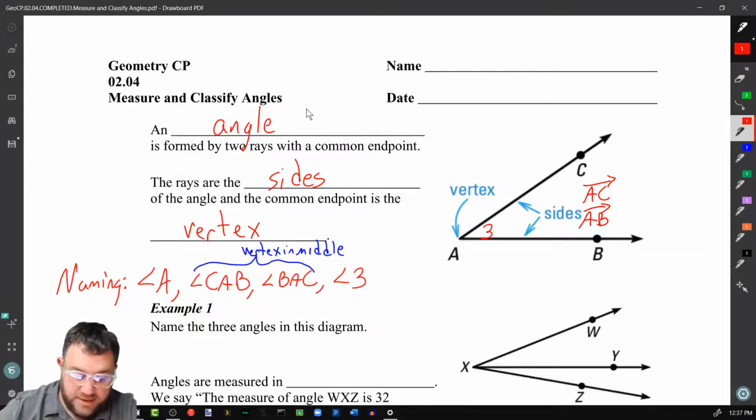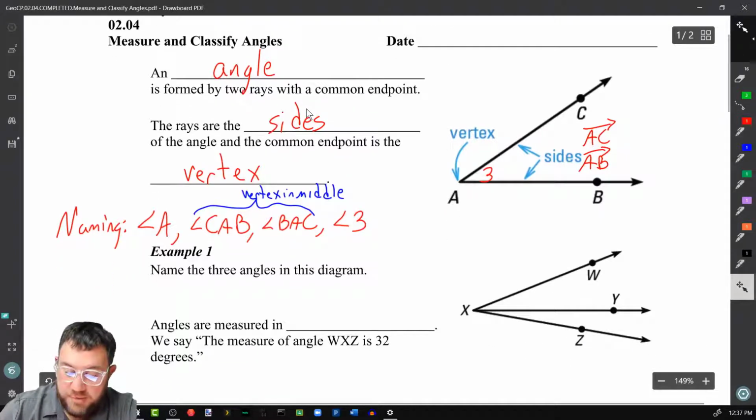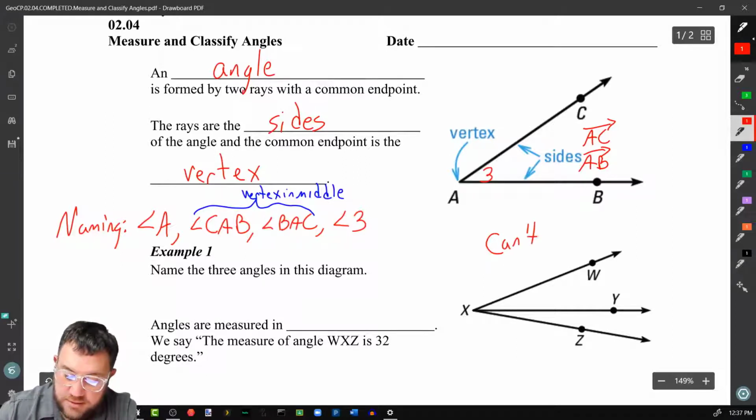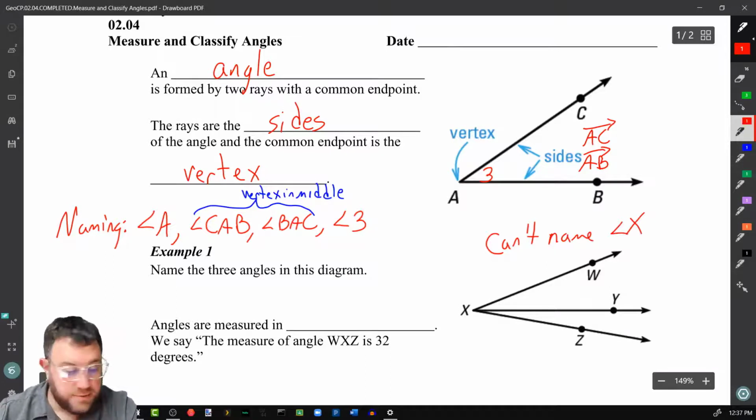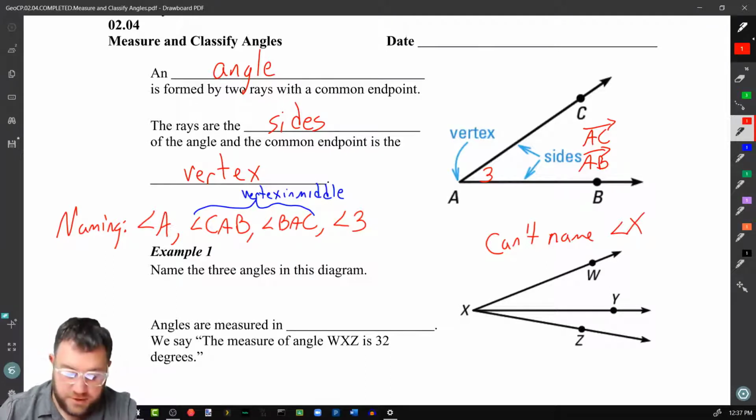Now, going back to the fact that we can call this angle A, if you look at the figure below, we can't call this angle X, and here's why. I'm going to draw this out, but then I'm also going to erase it and work through the example. We can only use a single letter when there's just one angle at that point.